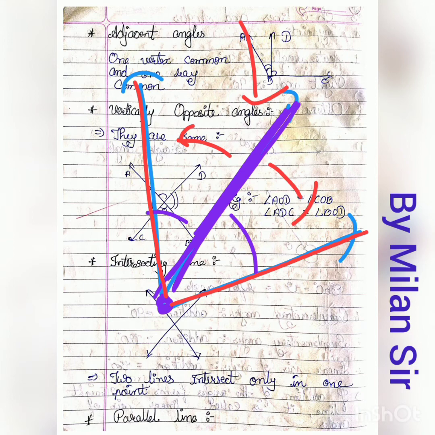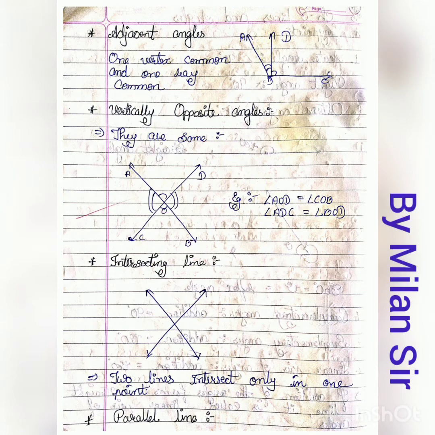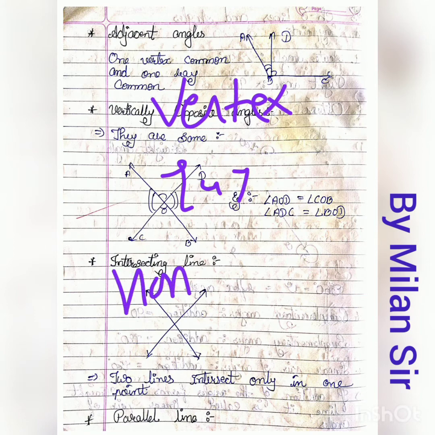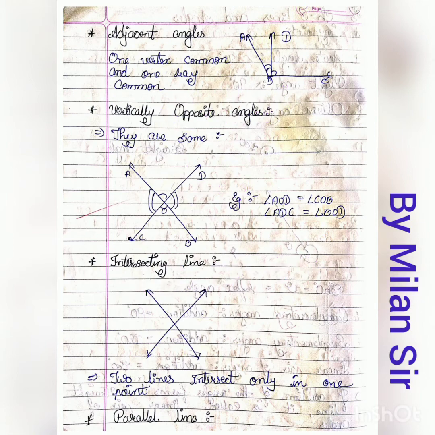So those two angles are called adjacent angles. So in total we have three conditions for adjacent angles: one common vertex, one common ray, and non-common arms on either side of the common arm.